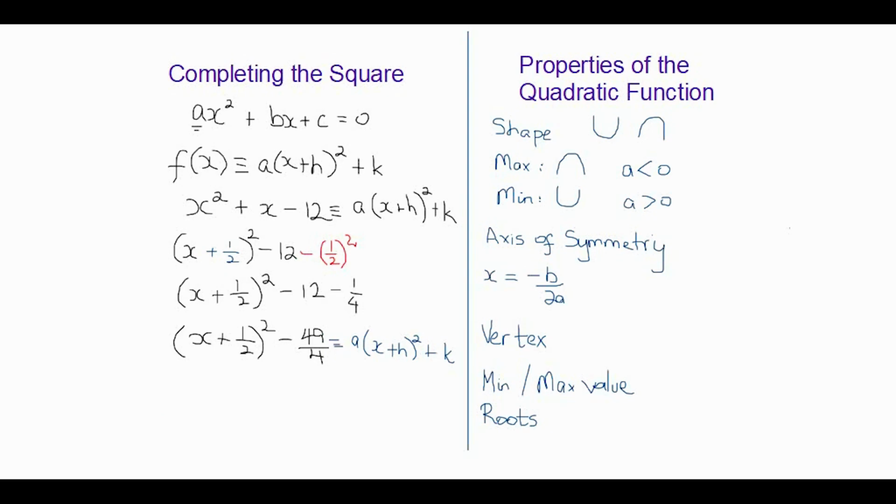If I wanted the coordinates of the turning point or my vertex, what I'd write here is that my vertex has coordinates minus h, k. I have the values, and all I have to do is just write them as a coordinate. So this means that my vertex is minus a half, minus 49 on 4.